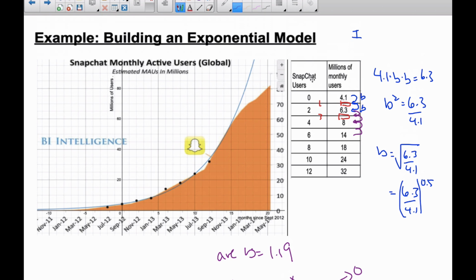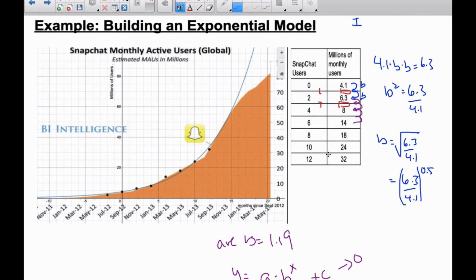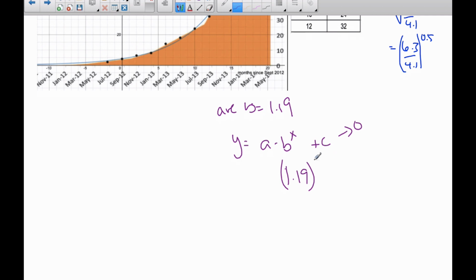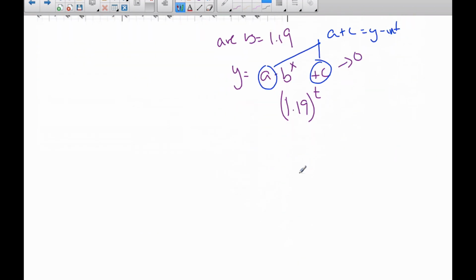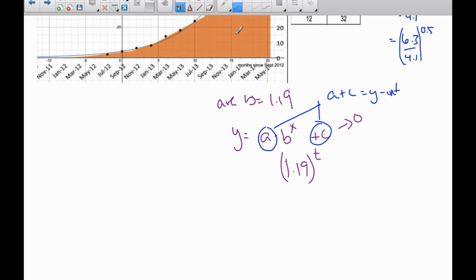And then let's use t as time. A plus c together equal the y-intercept, the starting value. And so my starting value, my y-intercept here, will be 4.1. And so my a in this case is 4.1.